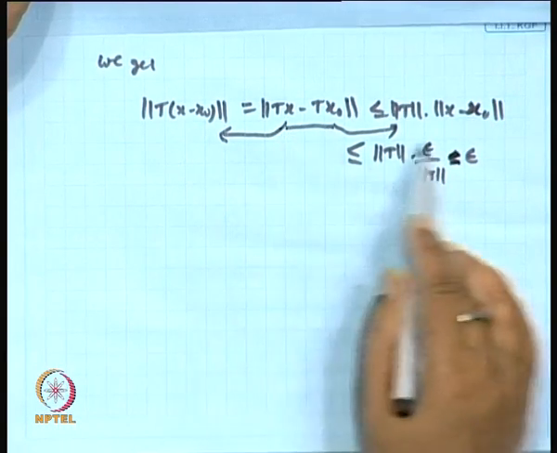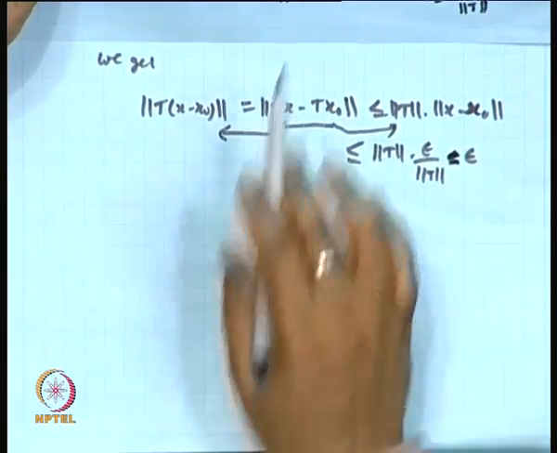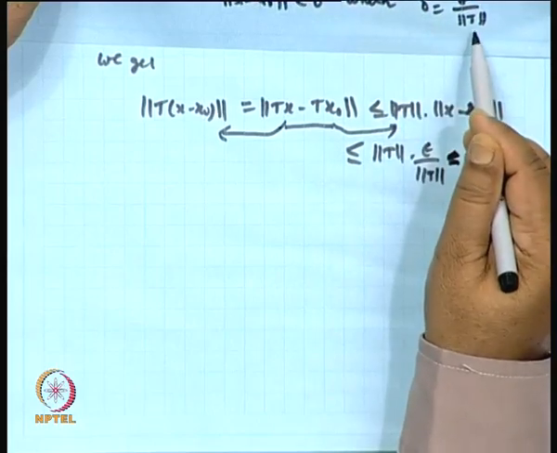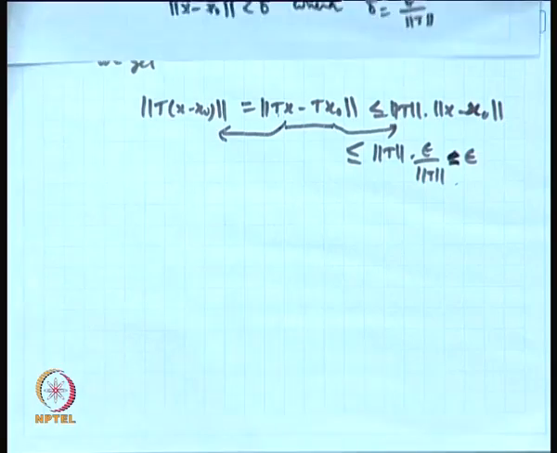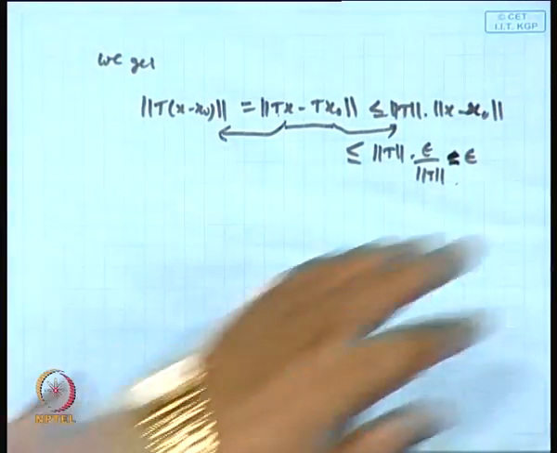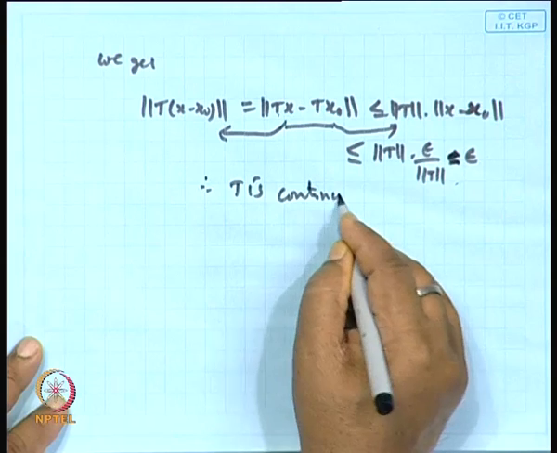Again epsilon is chosen, so we can find a delta in terms of epsilon, which is epsilon by norm T. Substitute it, and we get this. Therefore, what we conclude is that T is continuous at x naught.